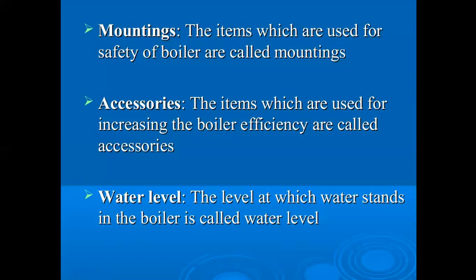These auxiliary devices are installed with the boiler for proper operation and to increase the efficiency of the plant. So these are called the boiler accessories. In next classes we will discuss the working of all the mountings as well as accessories.